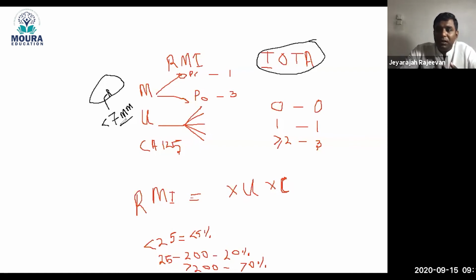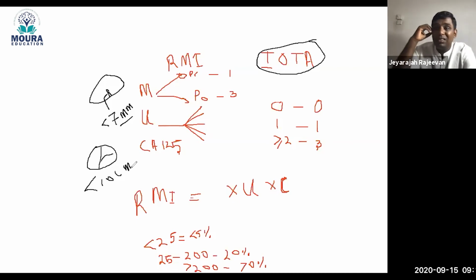Third one, it could be a multilocular cyst. If it is unilocular, then you can say it's benign, but it could be a multilocular cyst. Even though it's a multilocular cyst, if the cyst size is less than 10 centimeter, then it's most likely to be benign. That is the third feature. Multilocular cyst less than 10 centimeter in size is benign.